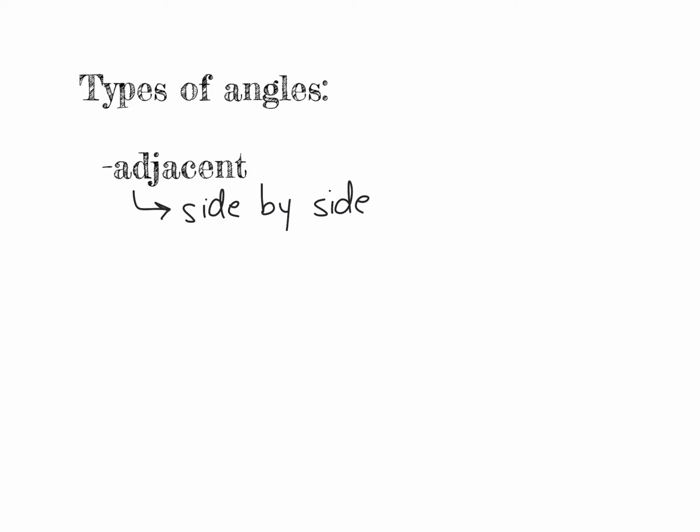So looking at some actual angles, we might have an angle loosely like this. And of course, an angle is formed by two rays that have this common endpoint, and I'm going to call this first one just angle 1 to keep things straightforward. But then next to it, we might also have a second angle. Could be of the same size, of a different size, larger, smaller, anything else.